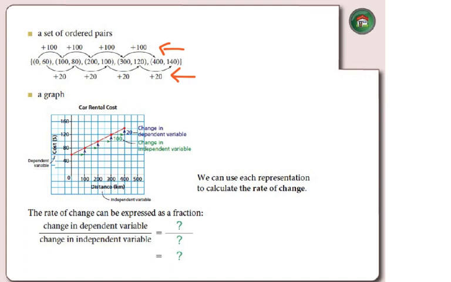We can also talk about the rate of change of this. The rate of change of anything is how fast the dependent variable changes divided by how fast the independent variable changes. What we know is that the dependent variable changes by $20. The independent variable changes by 100 kilometers.